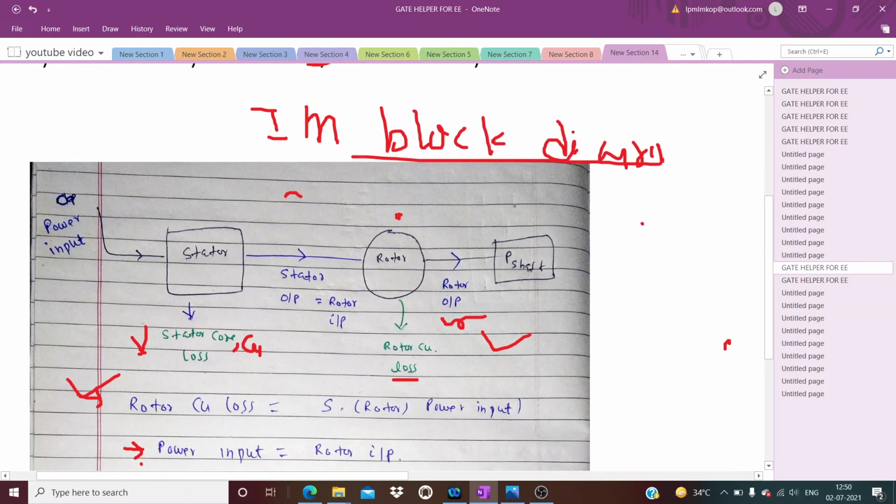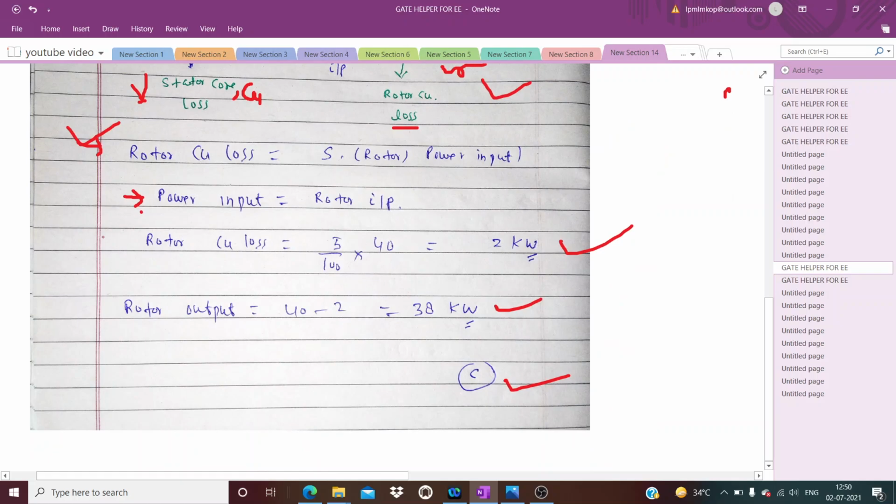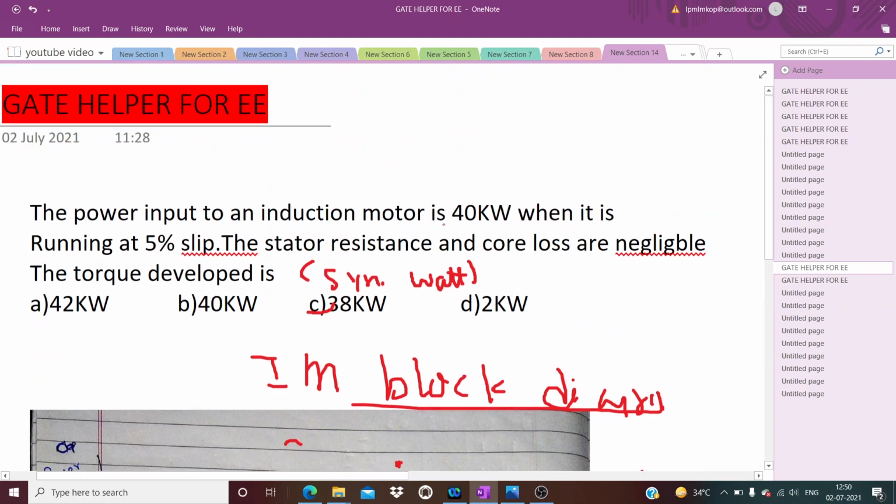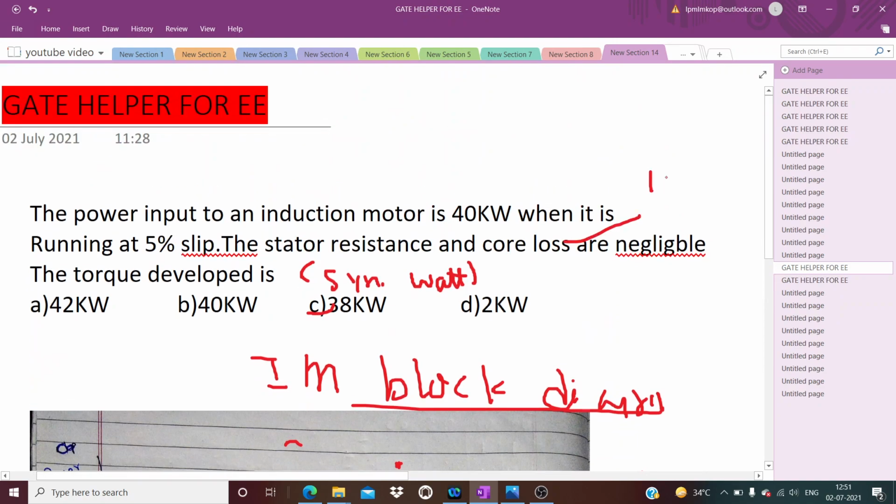Simply you need to remember this is the block diagram of an induction motor. Whether it is given or not, you have to calculate this rotor copper loss. Suppose the rotor core loss is given as 1 kilowatt.